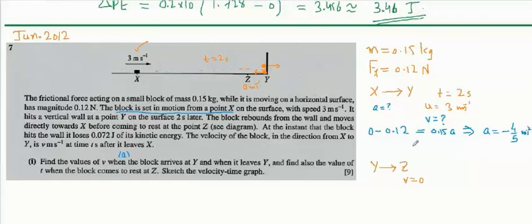Master, can you repeat the part about the forward force? Why is it 0? Because there is no forward force given to the object. It is not being pushed or pulled by some force. They are saying that the object is set in motion at point x with a speed of 3 meters per second. This means that it is hit by something, or it is projected with a speed of 3 meters per second towards y.